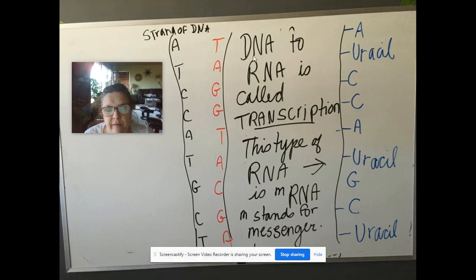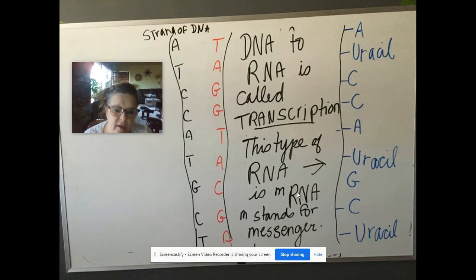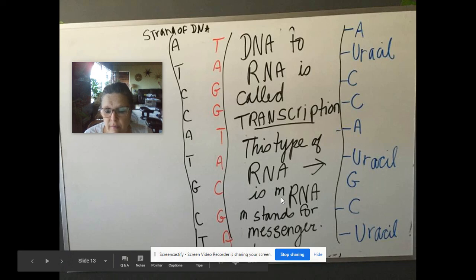So from DNA to RNA is called transcription, or this is transcribing DNA into RNA. And the specific type of RNA it is, because you're going to see that there's more than one type of RNA, but this is messenger RNA. So the M for mRNA stands for messenger.